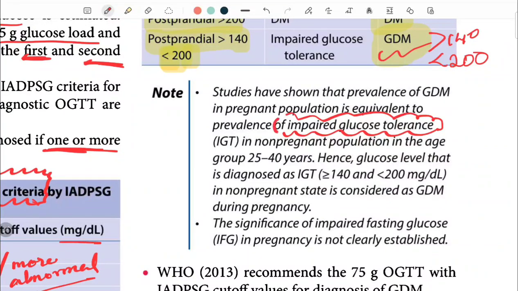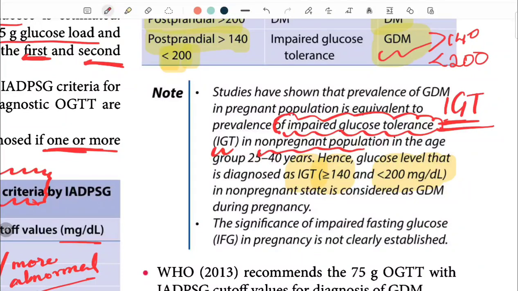So what is IGT? IGT stands for impaired glucose tolerance. In a non-pregnant population in the age group between 25 to 40 years, you diagnose impaired glucose tolerance when the level is more than 140 but less than 200 mg per dl. Very, very important.